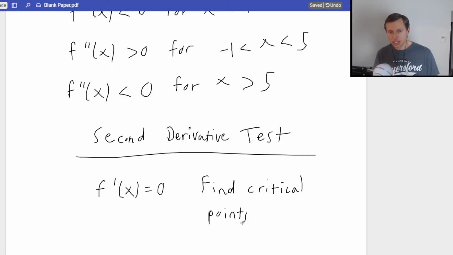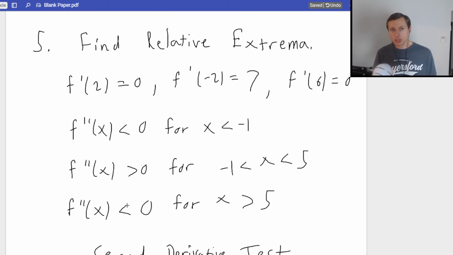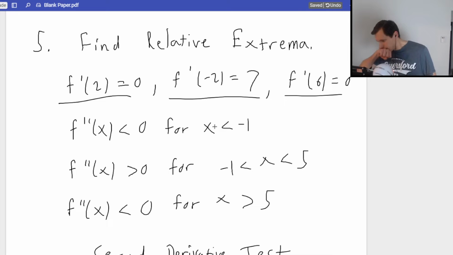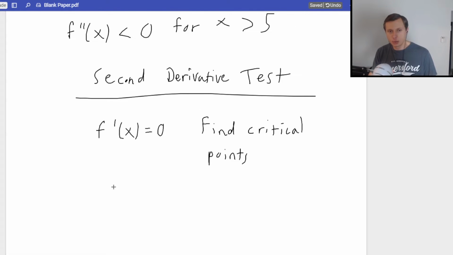That's the first thing we do. So for this problem, where does the first derivative equal 0? I give you 3 points, f prime of 2, f prime of negative 2, and f prime of 6. It's f prime of 2 and 6 that we care about. In other words, x equals 2 and 6 are our critical points.